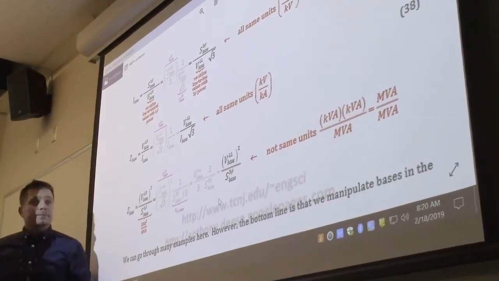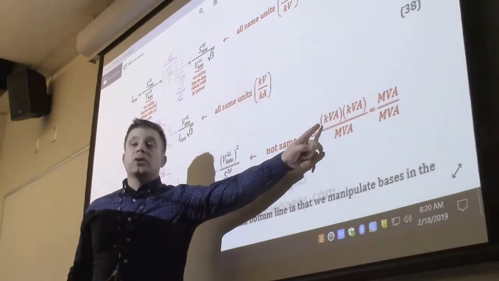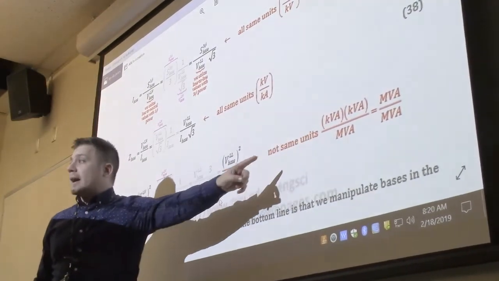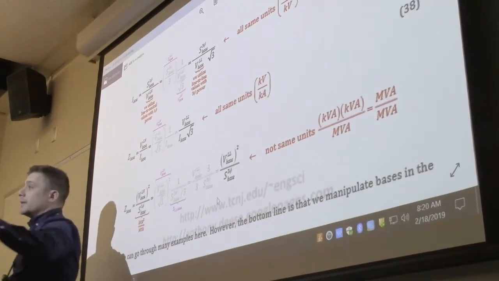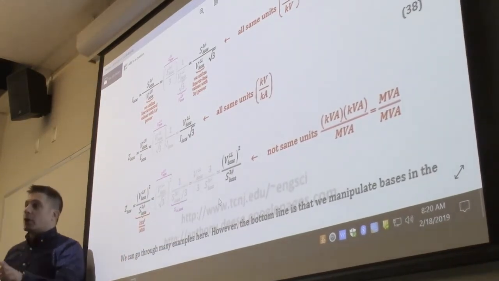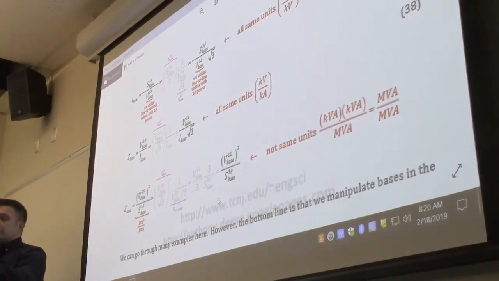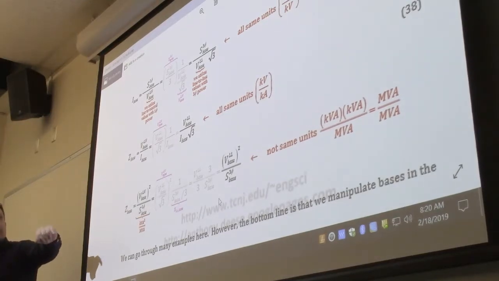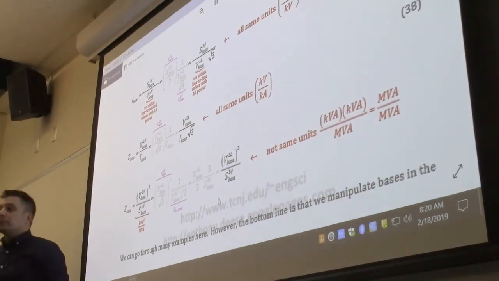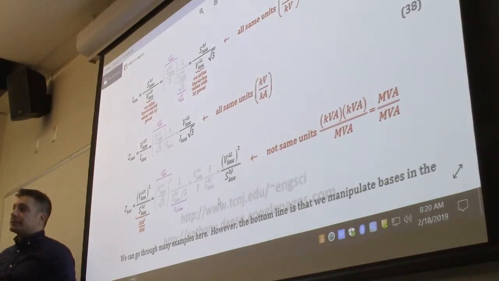In the end, units is the thing that guides you, okay? Per unit, again, should always be no units. So the numerator and the denominator should cancel out.